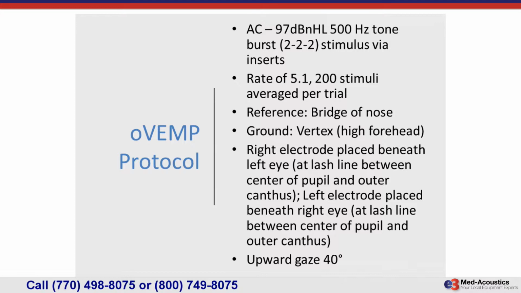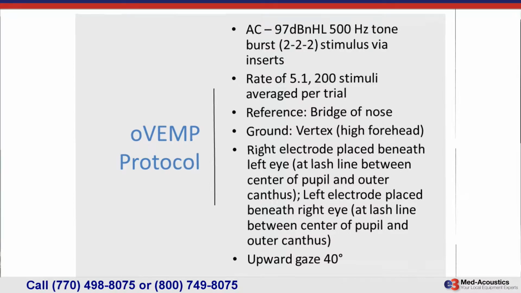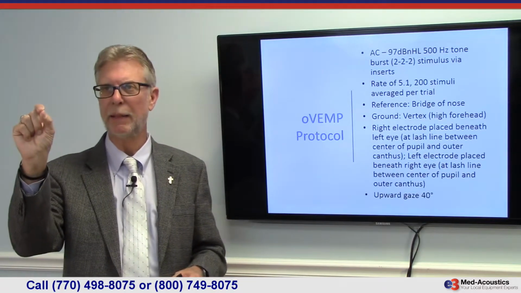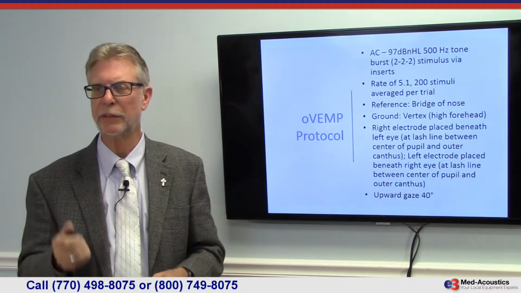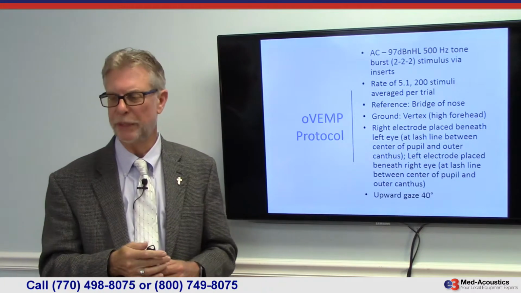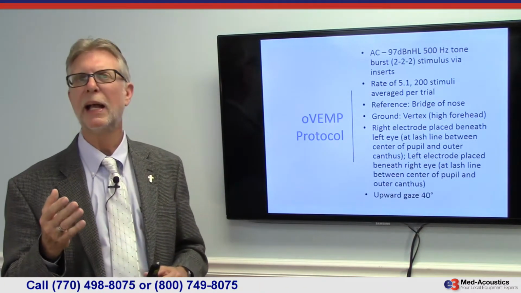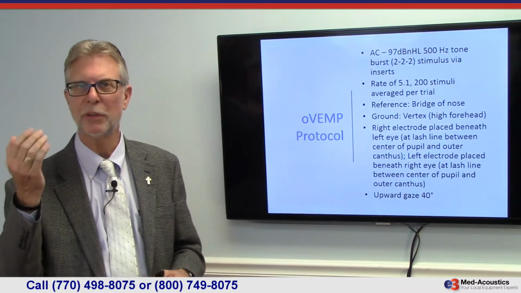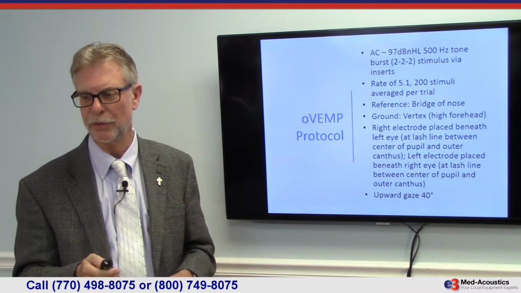And during this test, the patient is gazing upward. That's the only thing they have to do. They have to look upward, at least 40 degrees. So sometimes it's good to put a center target and then one that's calculated up 40 degrees to be sure that they're raising their eye. And the only reason for that is to bring that oblique ocular muscle as close to the surface of the electrode as possible.